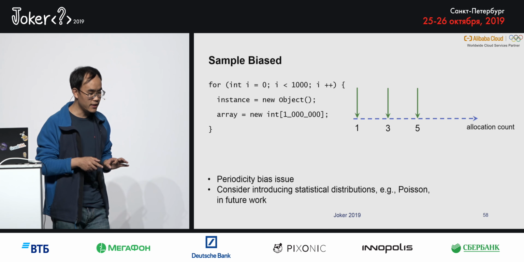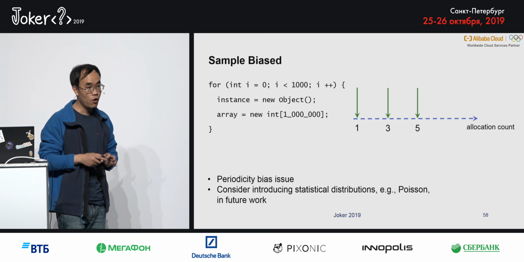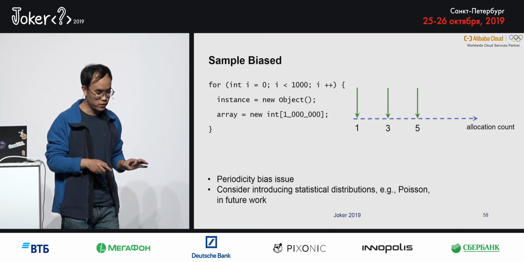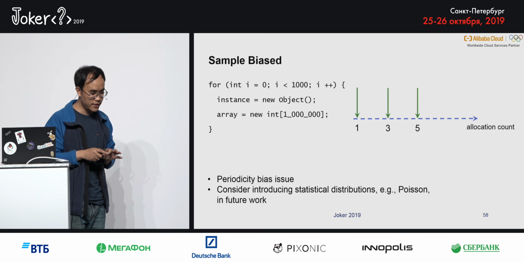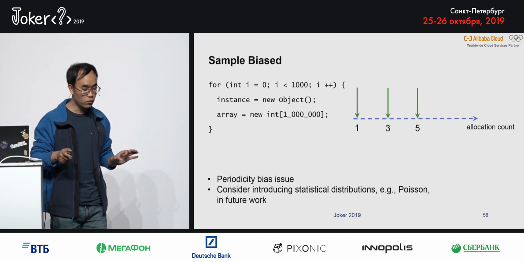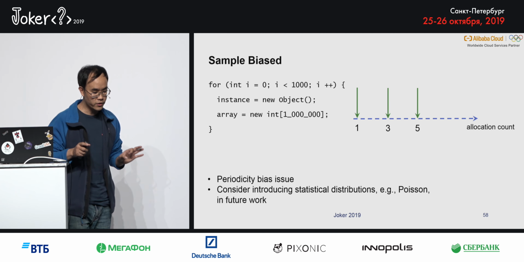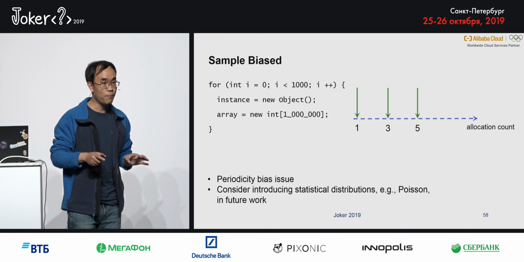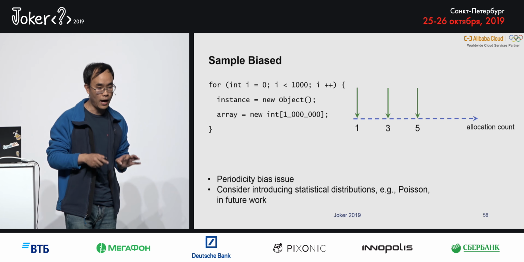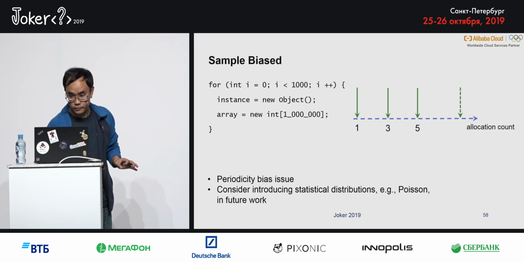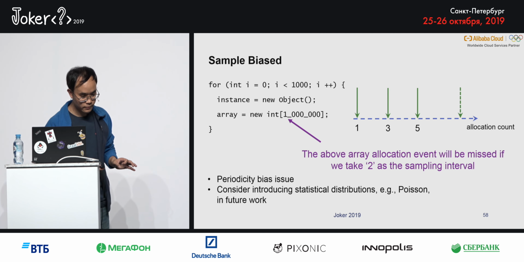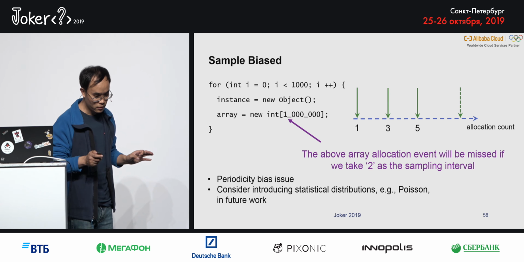So this large array allocation will be missed in our approach. So in our future work, we may consider introducing some statistical distribution, for example, Poisson distribution, to generate more random samples for our approach. Yeah, the array will be missed.